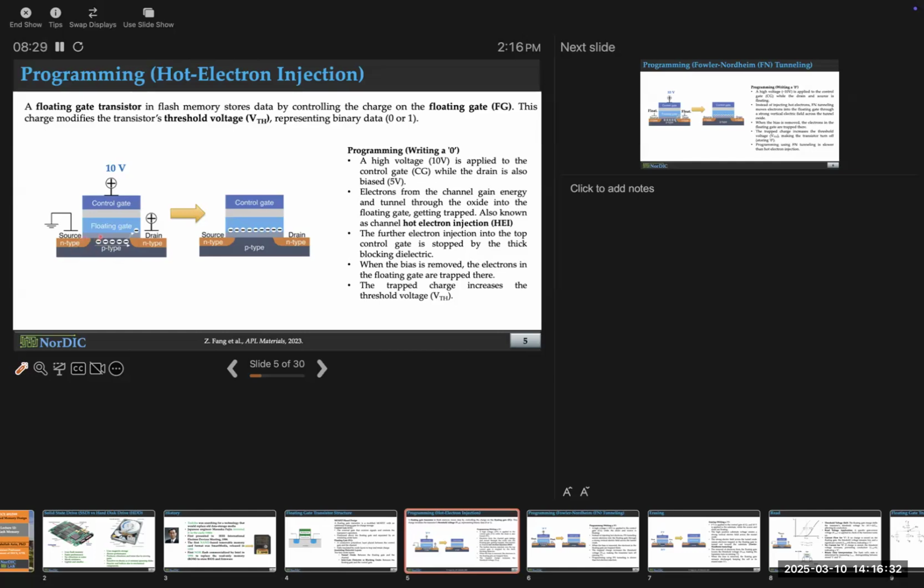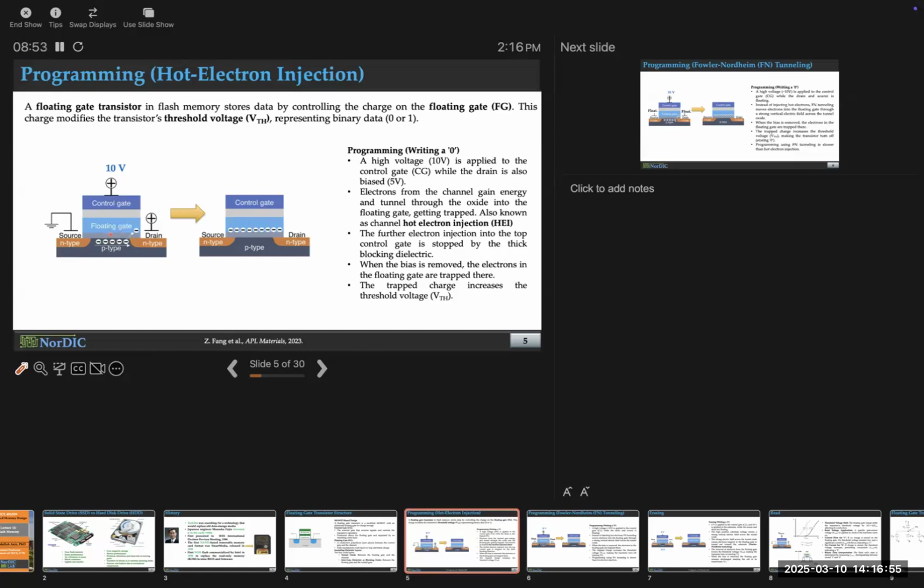The reason why electrons don't go in this direction is because of the oxide. It's an insulator. It wants to go, but then, oh, okay, there is no way I can go there. Unless you have a lot of motivation, like literally, I will give you $1 billion. Will you? Something like that, okay? So that level of motivation, and that's basically $1 billion for electrons, 10 volt positive. It's a lot of motivation.